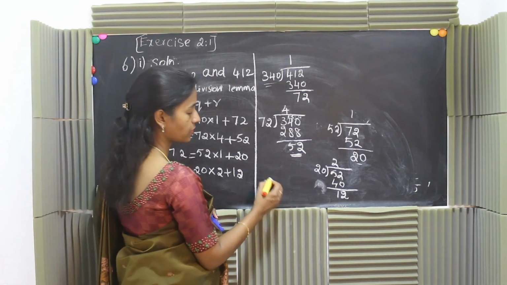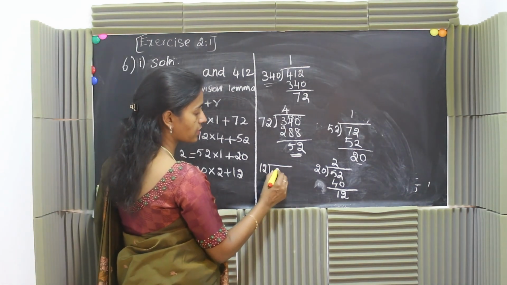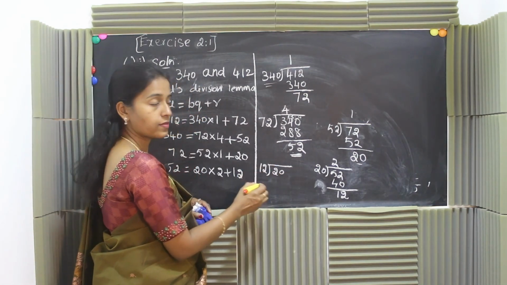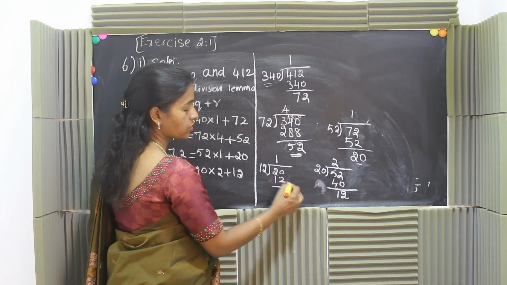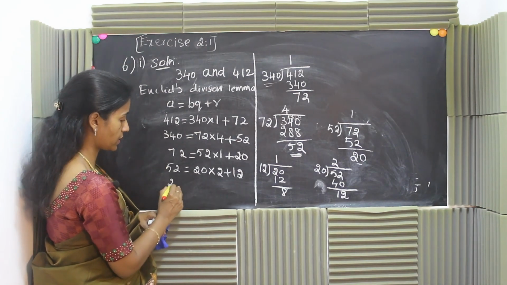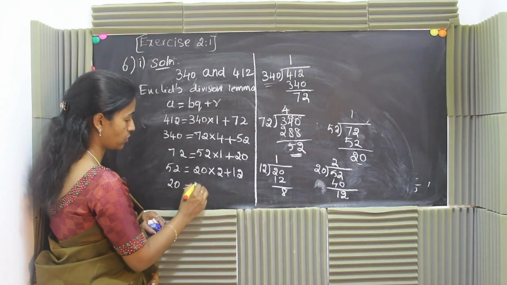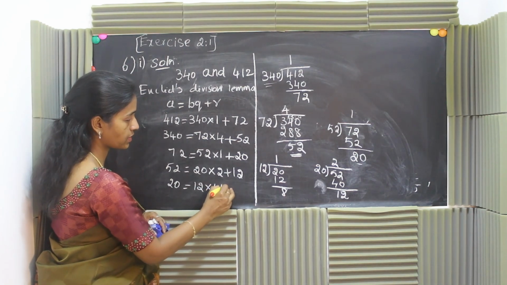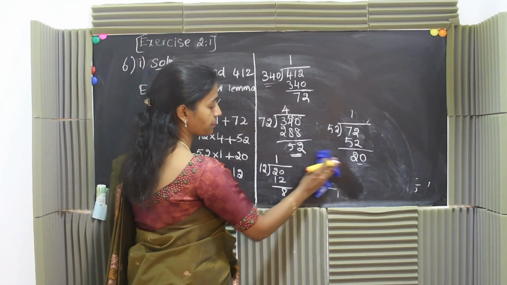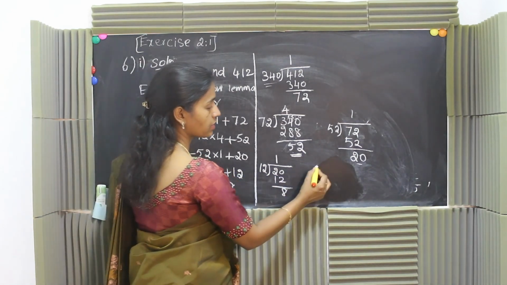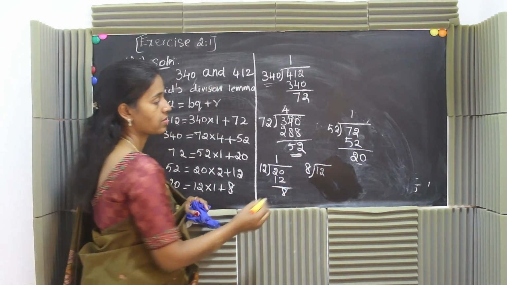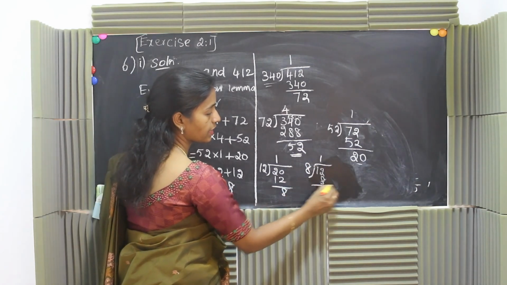In the next step, 12 becomes divisor, 20 becomes dividend. 1 into 12, 12. 20 minus 12, 8. So here 20 equals 12 into 1 plus 8. Right? In the next step, this 12 becomes dividend, 8 becomes divisor. 1 into 8, 8.